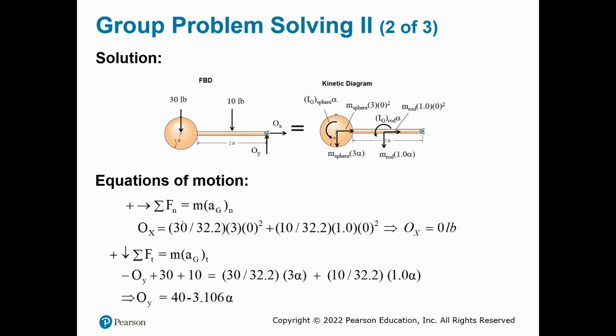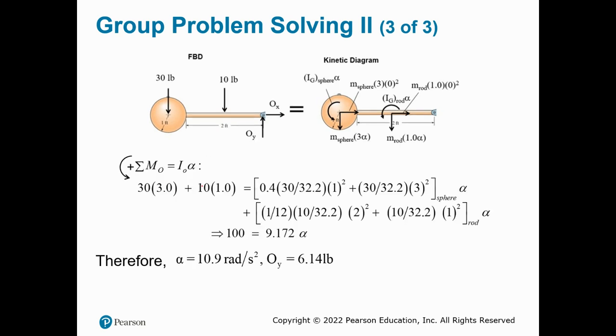So putting them together, since O_x is the only horizontal component, that's why you're having a zero. And then we write our equation, putting all of the vertical forces together, and over here you have all of the vertical mass times acceleration, and then get a relationship between a_y and alpha.